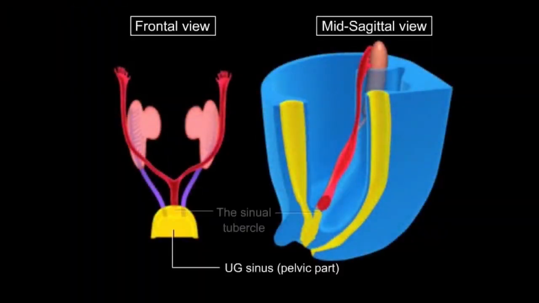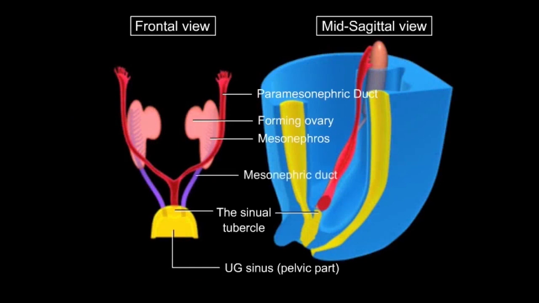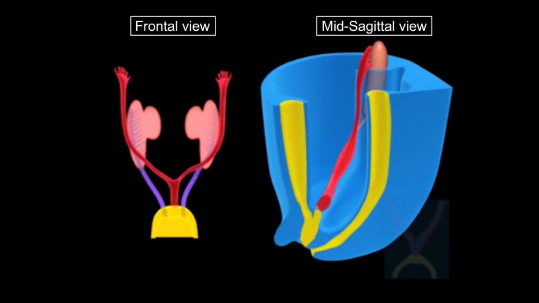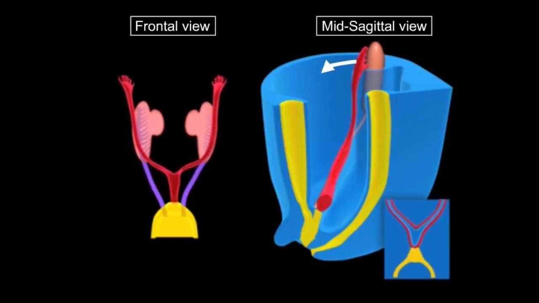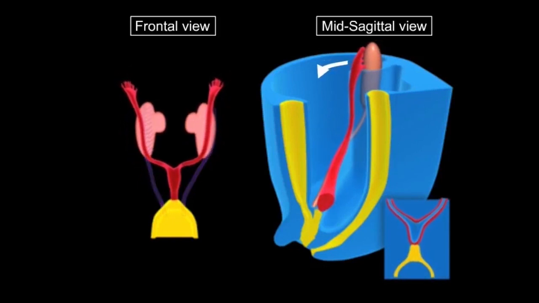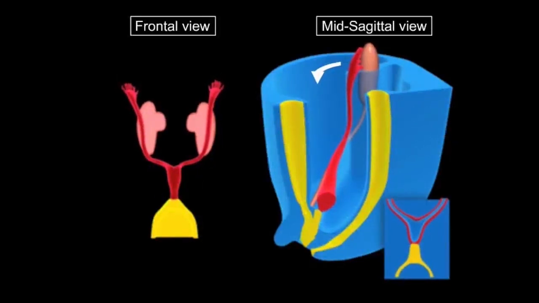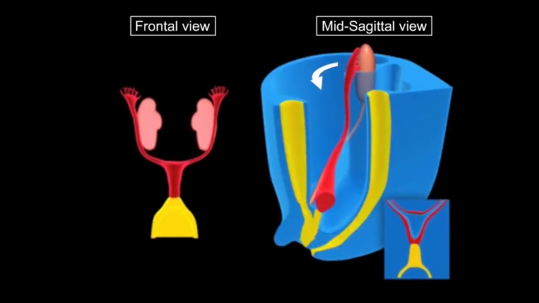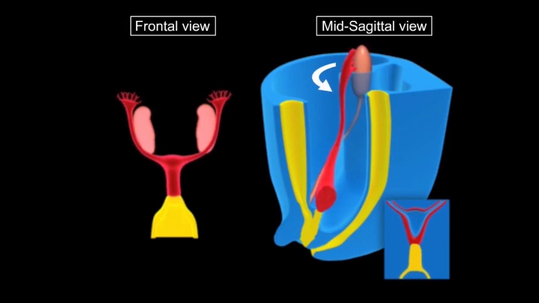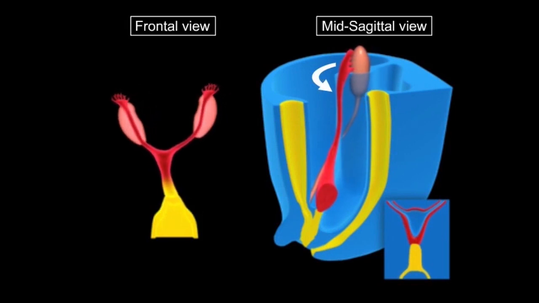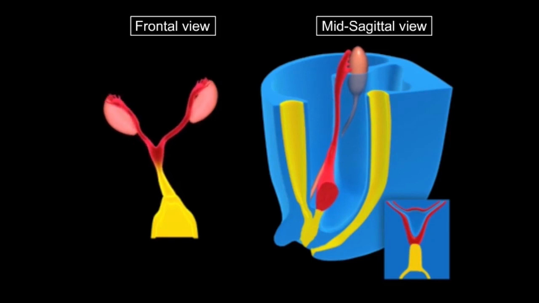Over time, the mesonephric duct involutes and the paramesonephric duct differentiates into the uterine tubes, the uterus, and the superior portion of the vagina. The fusion of the paramesonephric ducts also creates a peritoneal fold that becomes the broad ligament and also creates two peritoneal compartments, the rectouterine pouch and the vesicouterine pouch.